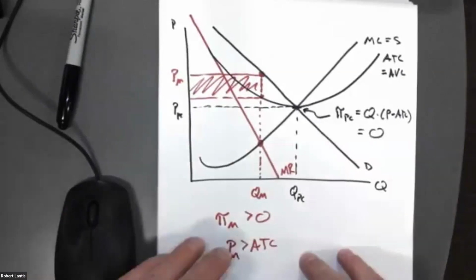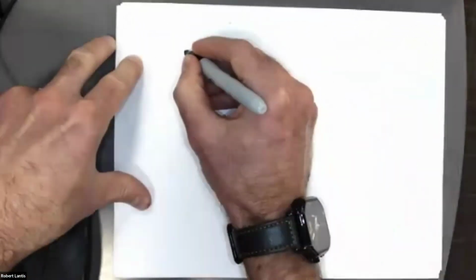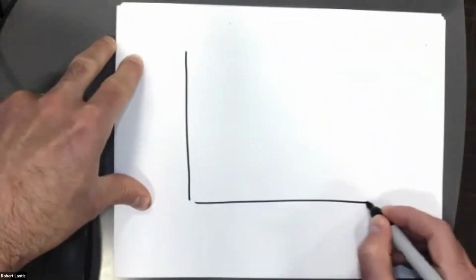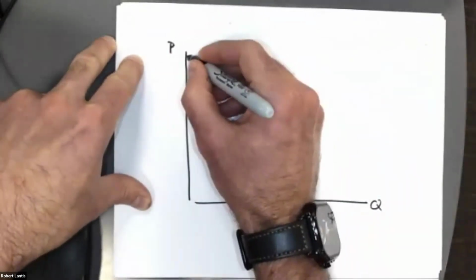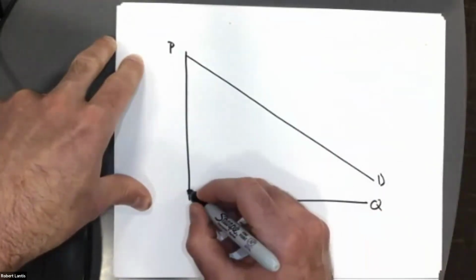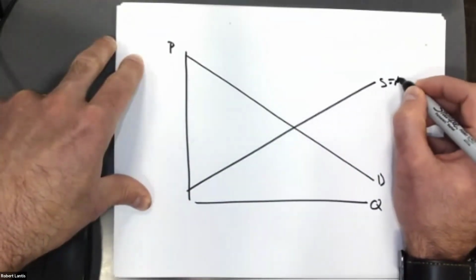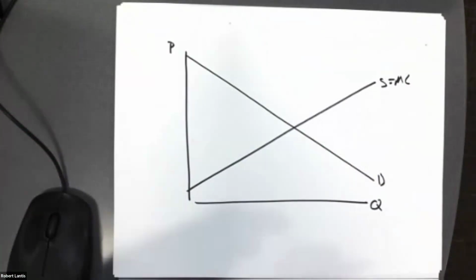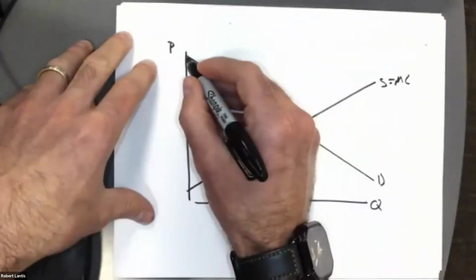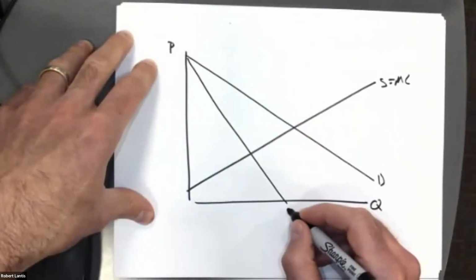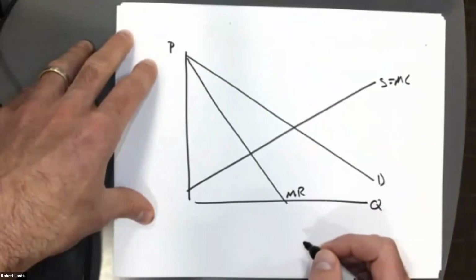So to kind of highlight that, I think I can do this for us here. Right? So let's say I've got this market, got my demand curve, I've got my supply, which is the firm's, this monopolist's marginal costs, and we had a twice as steep marginal revenue curve.